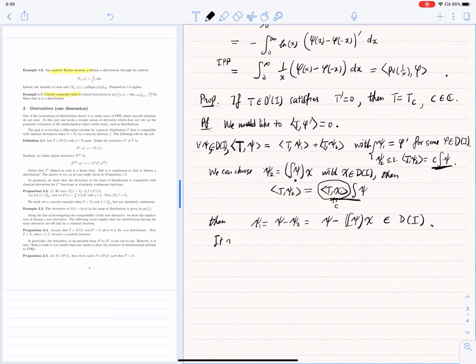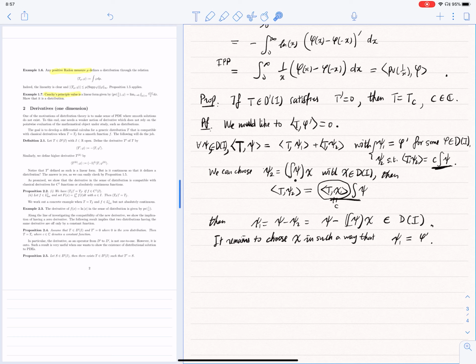So it remains to choose chi in such a way that psi 1 is equal to phi prime. Okay, so we don't use any property of chi yet, right? Here we just say that it is a test function in the first step.